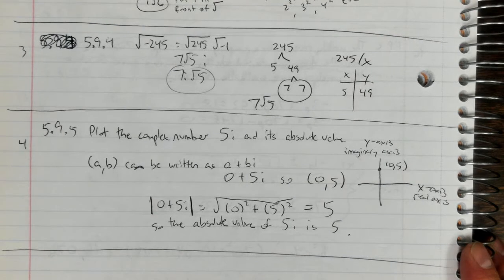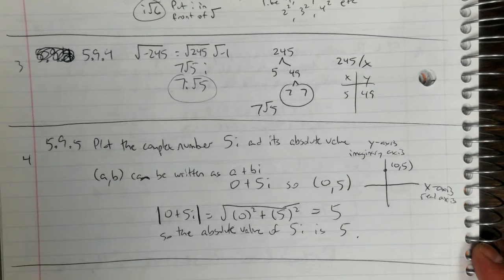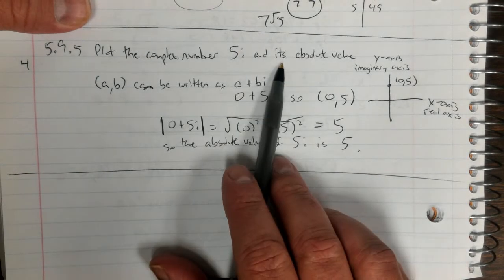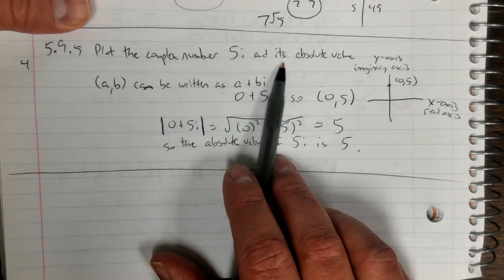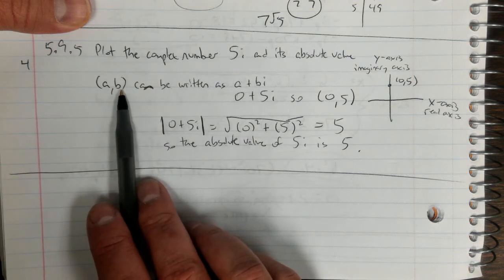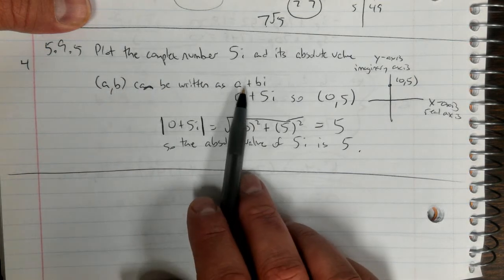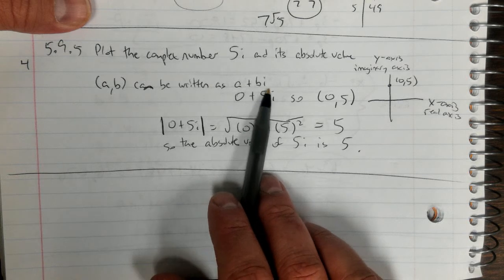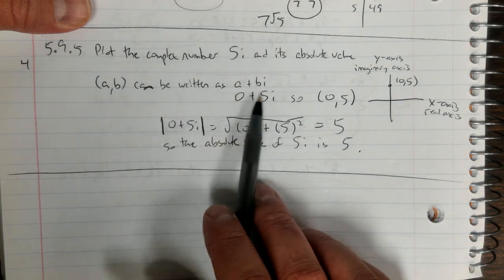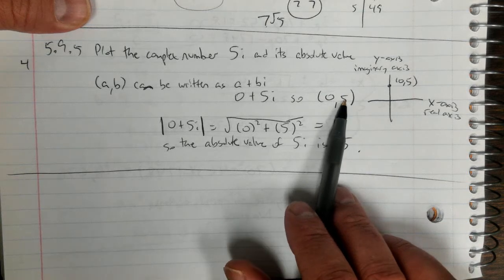Okay, on your next one, it says plot the complex number 5i and its absolute value. The first thing is, if you have an ordered pair a comma b, it could be written as a plus bi, and in this case it's 0 plus 5i, and so that's 0 comma 5.